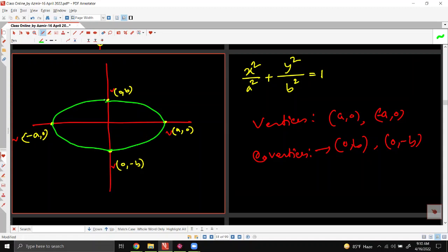So this is what an ellipse is. We have a total of 4 points. These are known as the vertices: vertex 1, vertex 2, vertex 3, vertex 4. So this is the ellipse. You can see that here, this is the center. So the center is at the origin (0, 0).